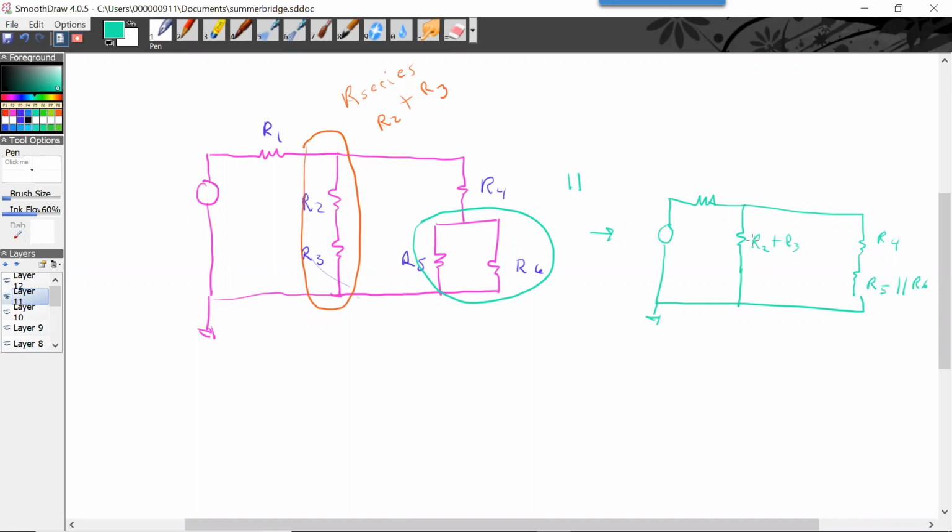Okay, so now rather than have two resistors, I have one and they're summed. Rather than have two resistors here, it's one and they're in parallel, right?